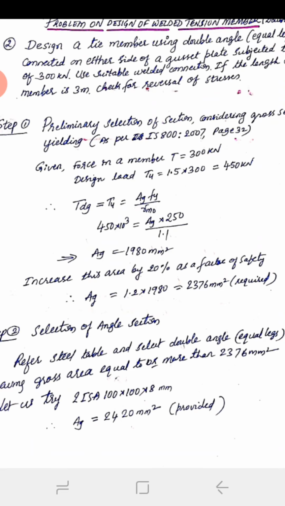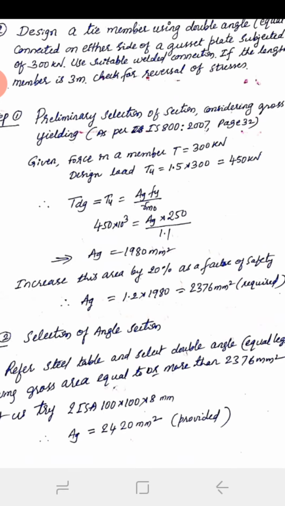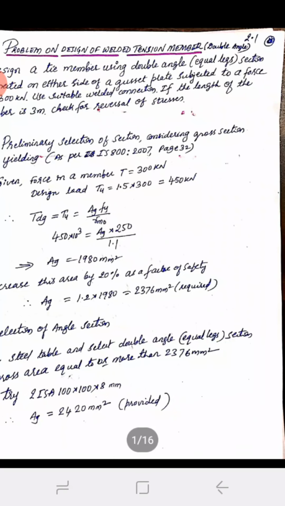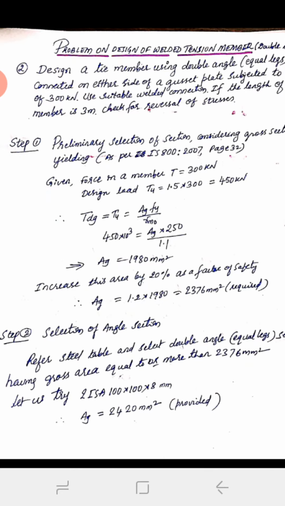Means you select the section from the steel table. So for the selection of angle, refer to the steel table and select a double angle. Because they asked you to design a double angle with equal legs, an equal angle is to be selected. Let us try 100 by 100 by 8, and I have selected the double angle. The double angle area will be 2420.